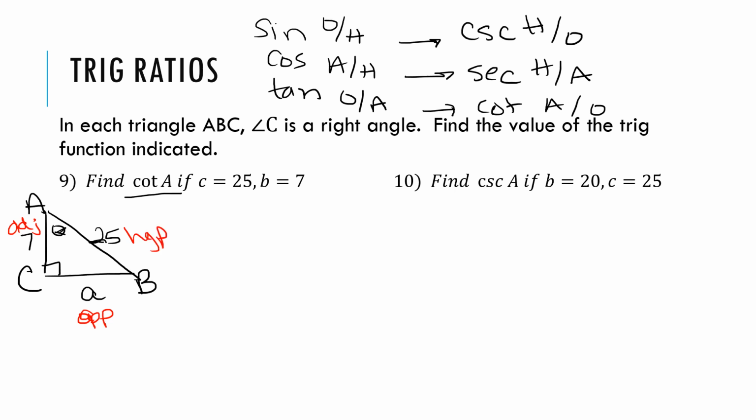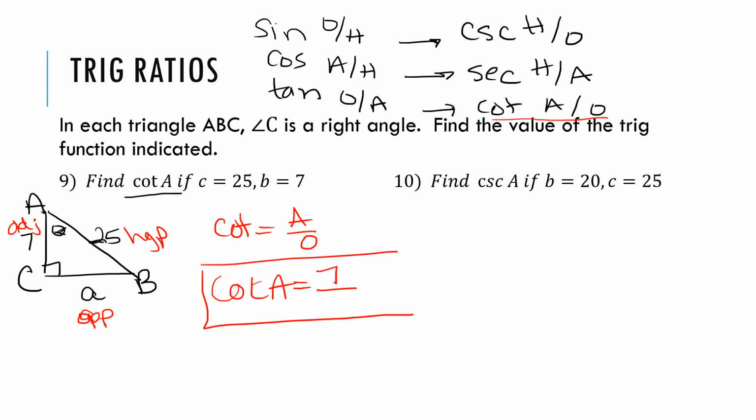So if I want cotangent, cotangent is the adjacent over the opposite. I already have the adjacent side, next to angle A, with a length of 7. The opposite I do not have, so I'm going to have to do some work for that.